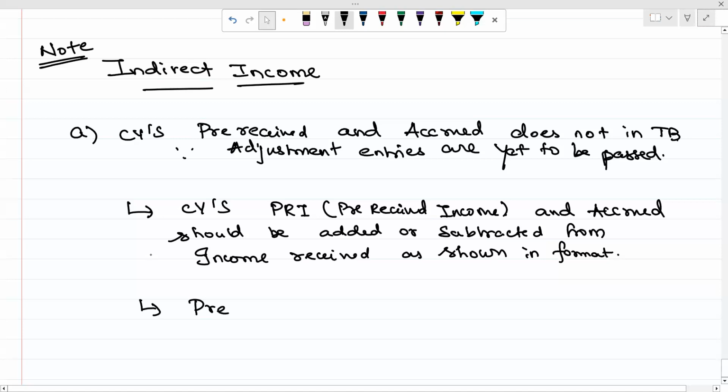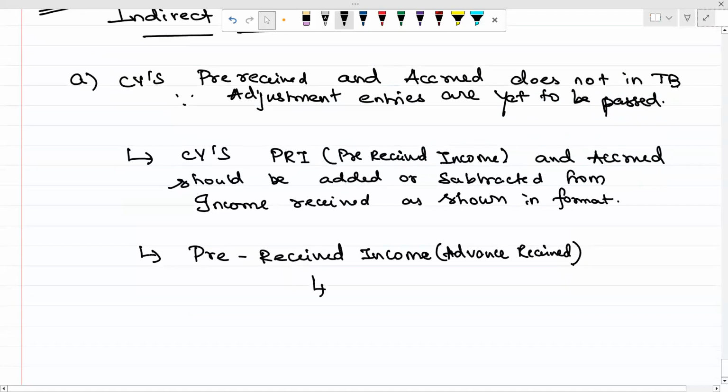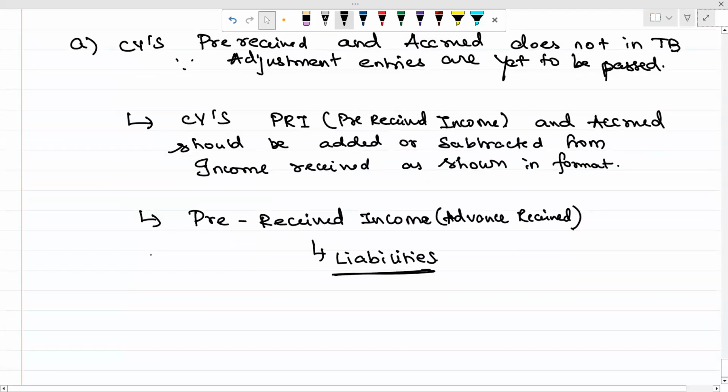Then pre-received income, in brackets I will write, that is advances received. For those advances received, I need to provide some services. That service I will treat as my obligation, and if it is an obligation, it becomes my liability. I have some responsibility towards that income, so I will treat it as a liability.